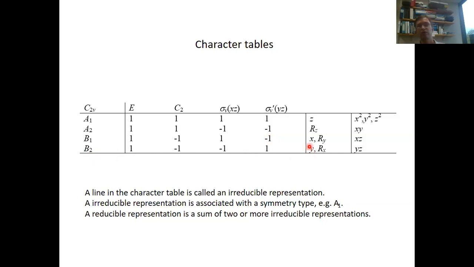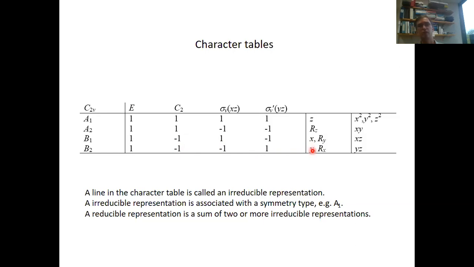You see here the letter y in the line for the irreducible representation with the symmetry type B2. In this representation, we have the characters 1, -1, -1, 1. That means when we do the identity and sigma v prime, that does nothing to our coordinate y.